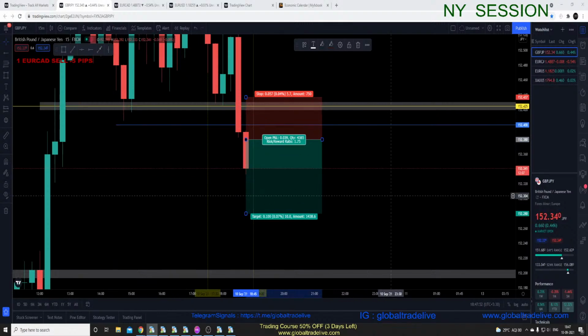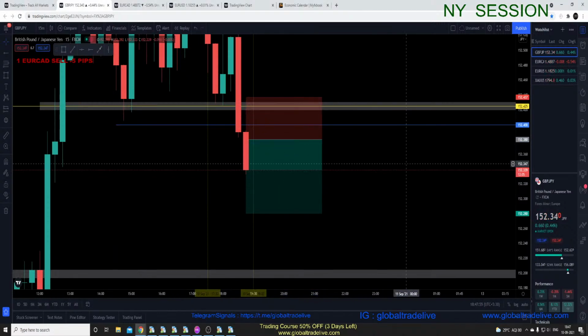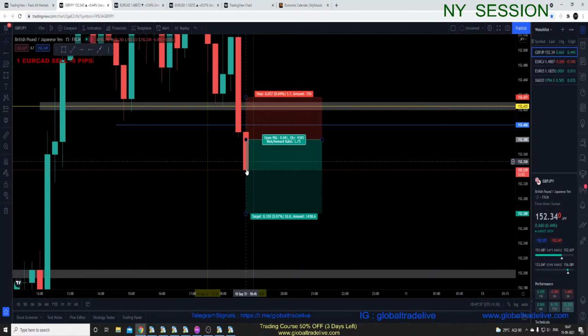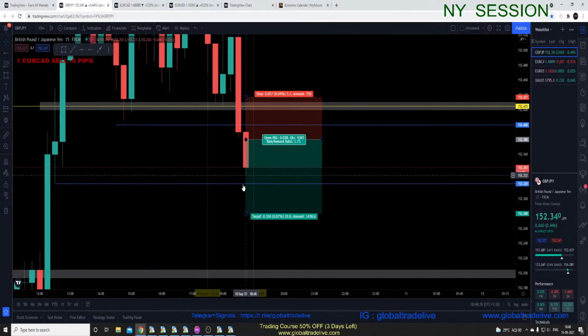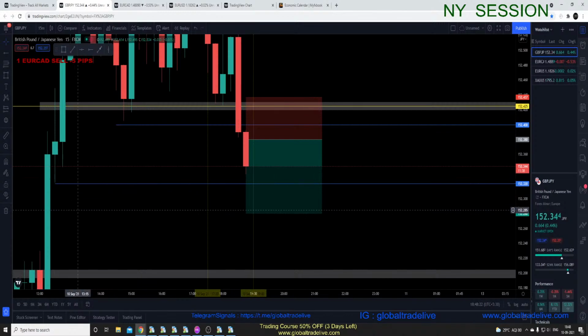Now if we talk about risk management, if the current 15-minute candle breaks its own high, then I'm going to close half of the trade, because once it breaks below this level over here, it should go all the way down.